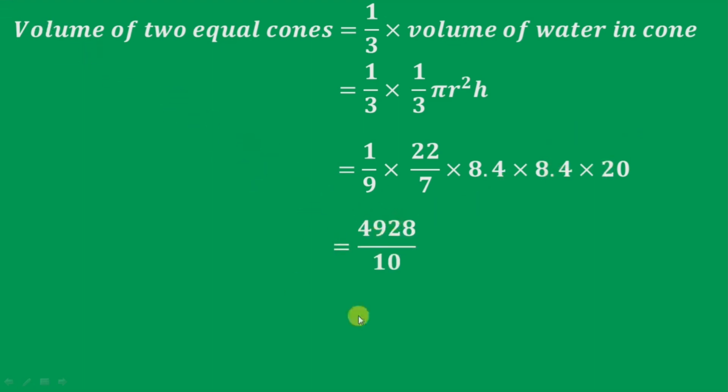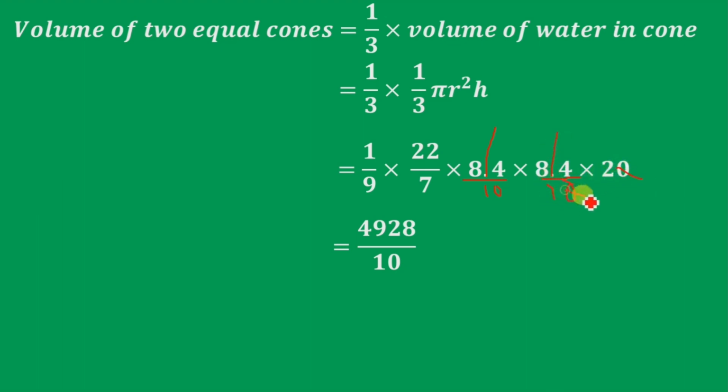which is equal to, okay, so this I'll write 10. Here also I'll write 10.